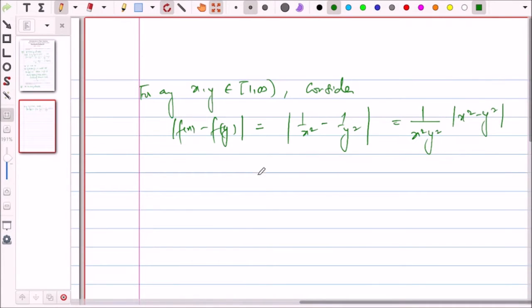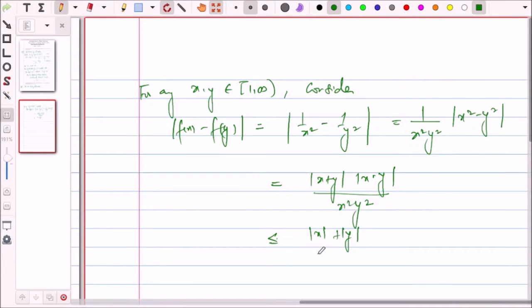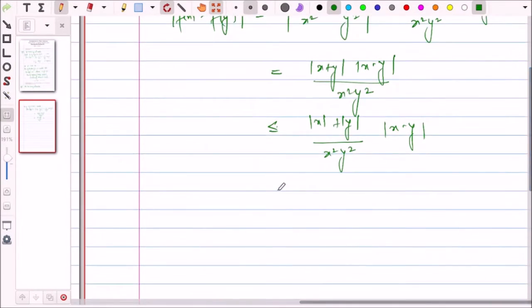This can be written as |x + y||x - y| divided by x²y². Now we can use the triangle inequality, and both x and y are positive, so we can remove the modulus sign. So this is (x + y)/(x²y²) times |x - y|.